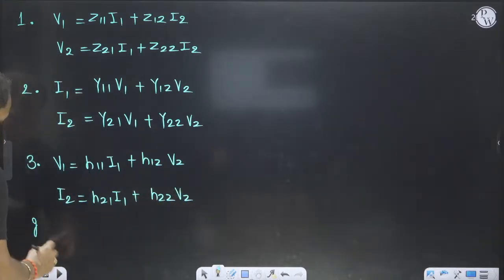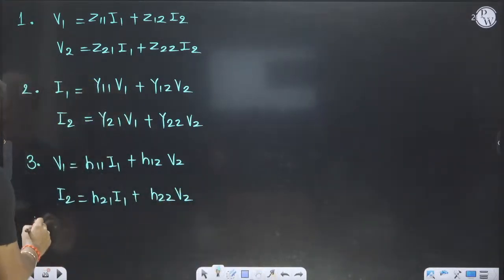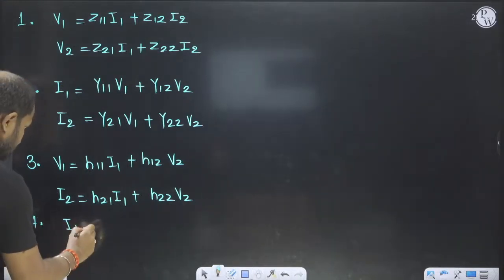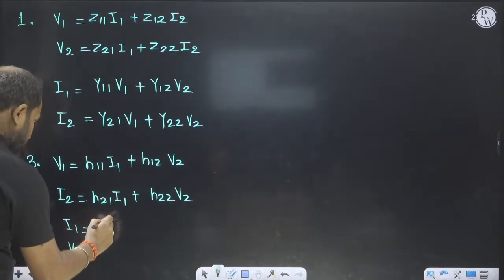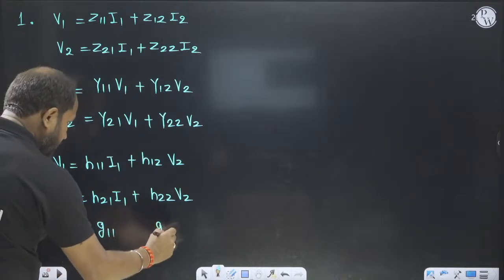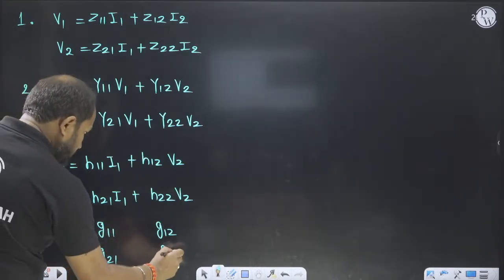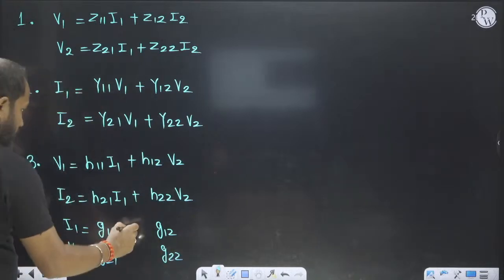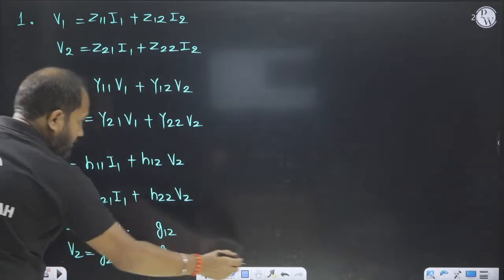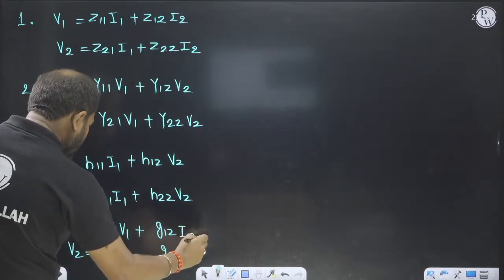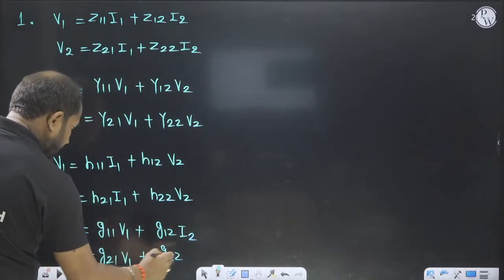And in case of G parameter, I1 and V2, G11, G12, G21 and G22. So here V1 and I2.